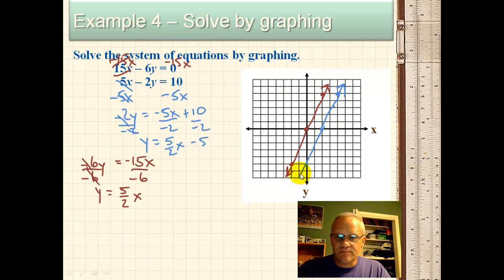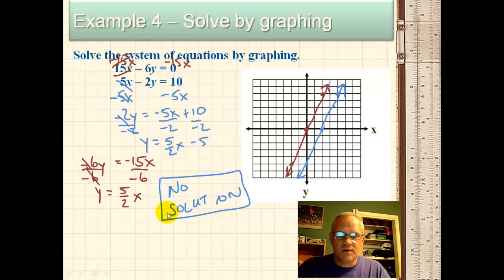It's a parallel line. They're parallel lines. Do they cross? No, parallel lines don't cross. So if the solution is where they cross and they don't cross, what do you think this is going to be? That's right. No solution. Okay?